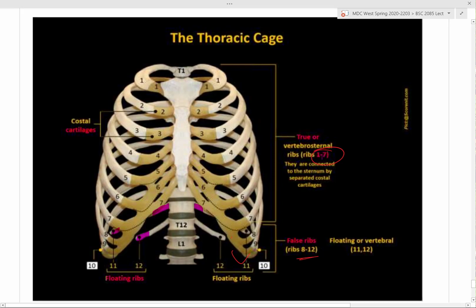The false ones are 8 to 12. Trick question: within the false ones, the last 2 are not attached to any cartilage, so they are floating. So just be careful. When they say floating, it's only 11 and 12. If they don't specify, what do you answer? False ribs. Okay?